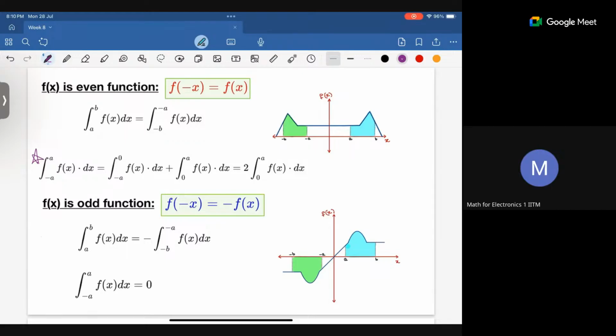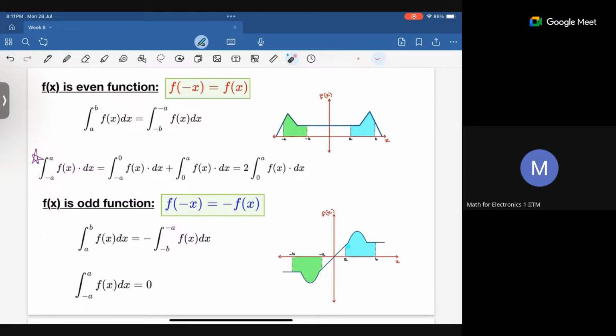This is with respect to f of x being even. What if f of x is an odd function? An odd function is one where f of minus x is equal to minus f of x, or graphically we say it is symmetric about the origin. From the origin, if you move to one side, you have to move exactly opposite to it.